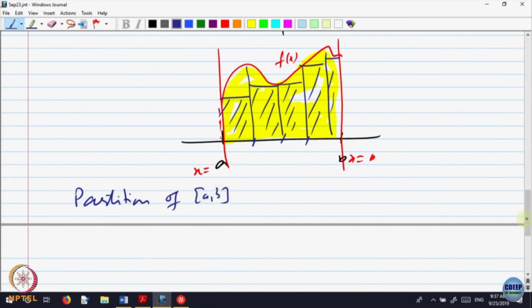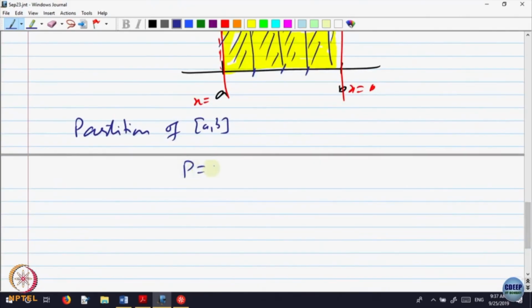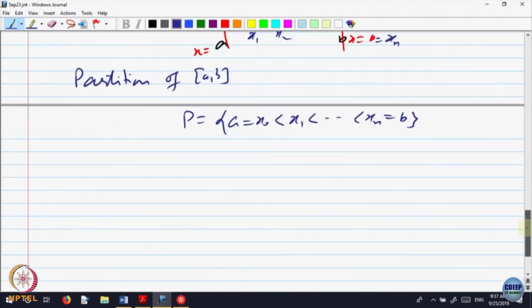It is a collection of points P. Start with a is x0, take a point x1, up to xn equal to b. So this is x1, this is x2 and this is xn. So a partition P will be represented by this kind of a set.